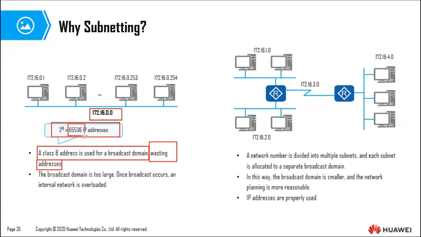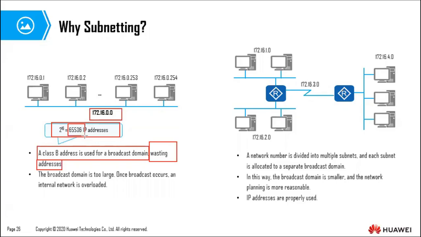That's the main problem, especially with class A and class B addresses, because they offer a huge number of hosts. Class A, 2 raised to power 24. So many. Similarly, class B, so many. At least class C will give us 256.